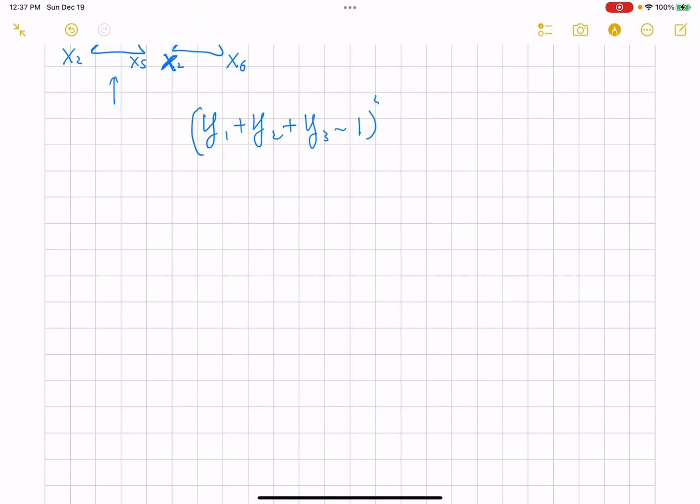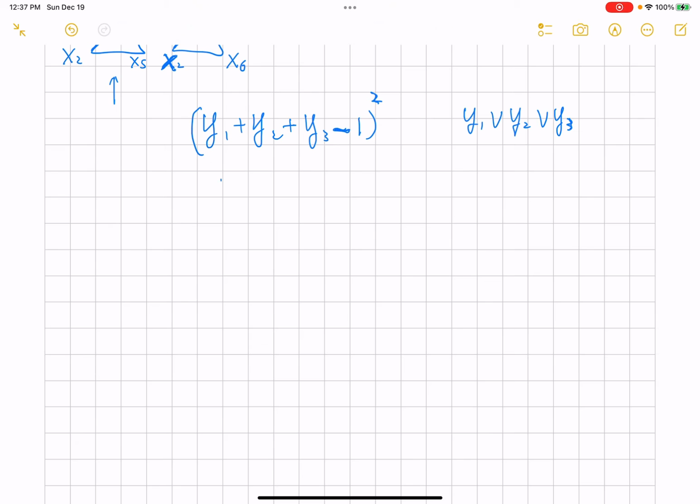This is minimized when you have exactly one of the y terms being 1. Okay? We don't want that. We want the expression to be the disjunction y1 or y2 or y3. We want this to be true. That's all we care about. We don't care about having exactly one term be true.